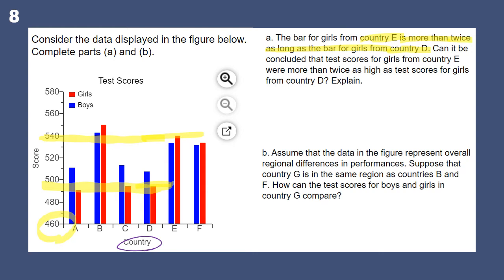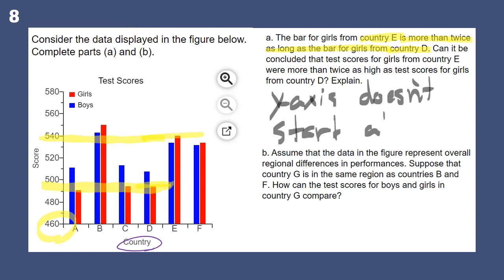And that's because the y axis doesn't start at 0. Okay, so that's a big problem with the way we look at this graph. If we were to zoom out and put this starting at 0, these numbers are actually pretty close together. It's not nearly as spaced out as it might look when we're zoomed in right here.